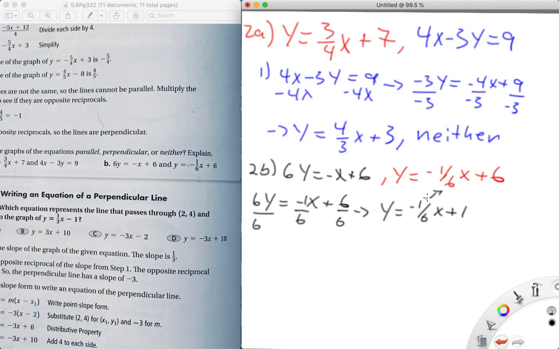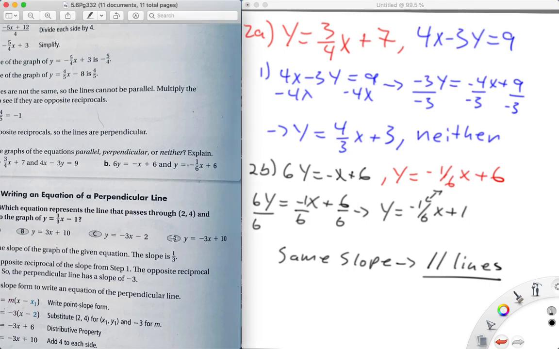Both of these equations have the same slope, negative 1/6. Same slope, therefore they're parallel lines.